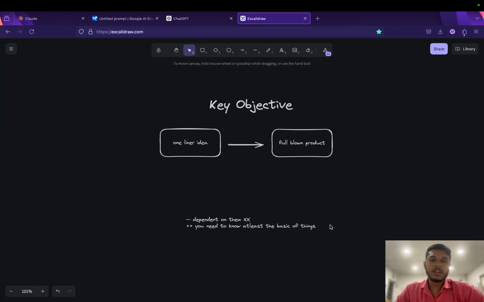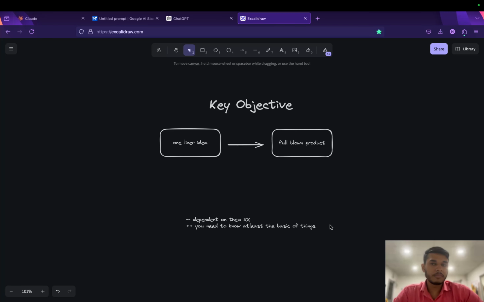So, what we'll do is try to make a full stack app, if I talk in technical terms. I'll have a one-liner idea, and we'll start from that idea and turn it into most probably a Next.js app with a Python backend and a front end written in Next.js.